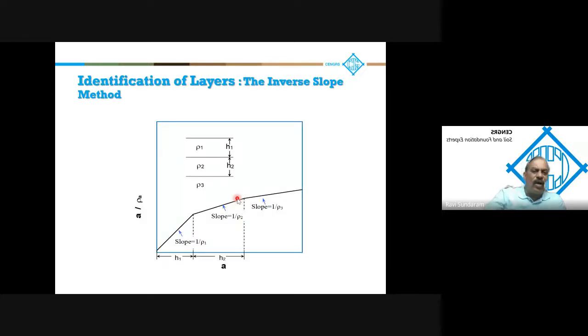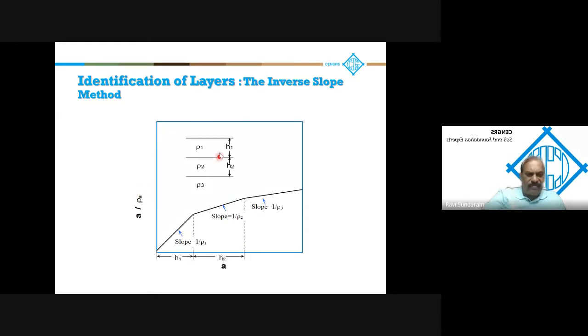Now I go on to how you interpret the layers from the resistivity. So what is done is you plot the electrode spacing A versus A by apparent resistivity, the spacing divided by apparent resistivity. What you actually measure in the test is an apparent resistivity, which is some sort of average of all the resistivity of the different layers.